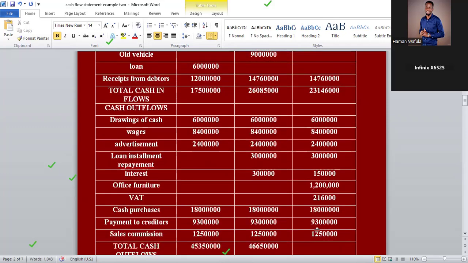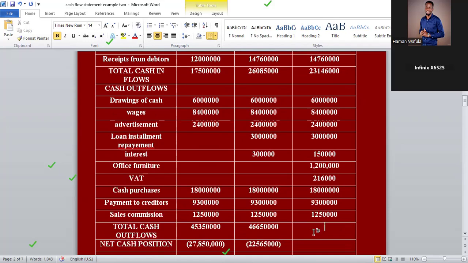Then the outflows. Outflows is 6 million plus 8,400,000, 2,400,000, 3,150,000, 50,000, 1,200,000, 216,000, 18 million, 9,300,000, 250,000.